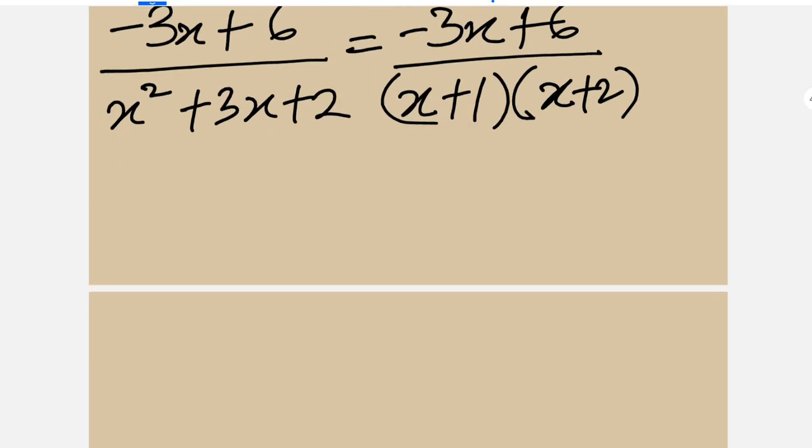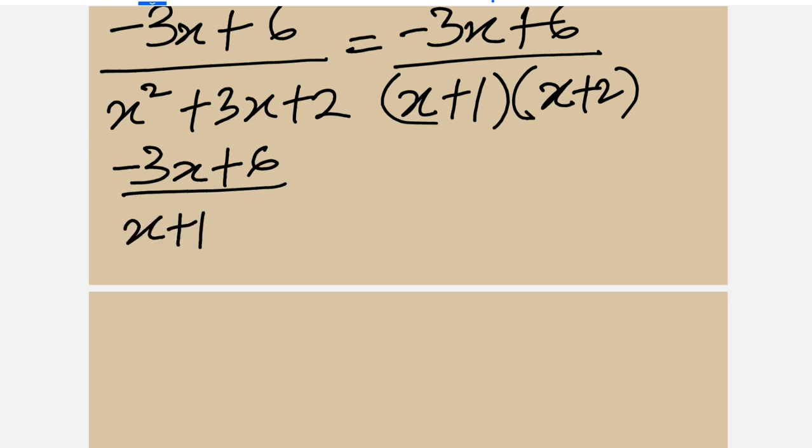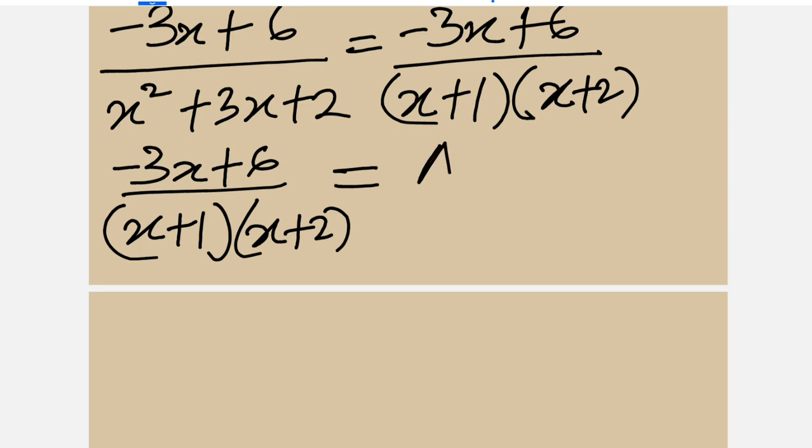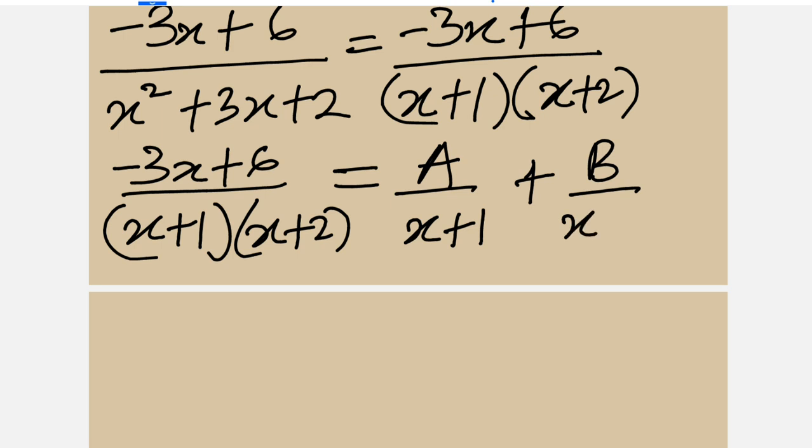We have minus 3x plus 6 over (x + 1)(x + 2). Let's rewrite it in partial form as a over x plus 1 plus b over x plus 2. So this is the partial form. Now we try to expand further.